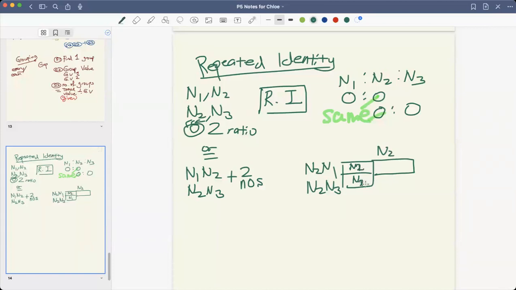This should be n2. This will be n1. Okay, then this is n3. So they'll say things like n1 is how many times of n3.